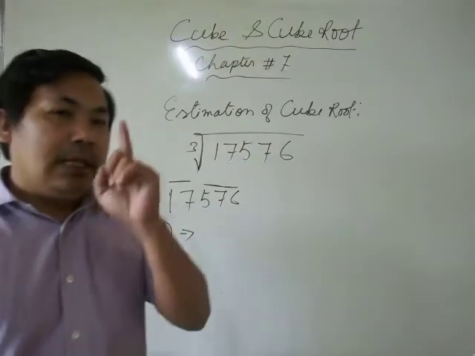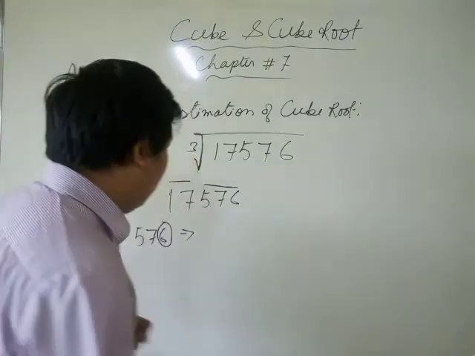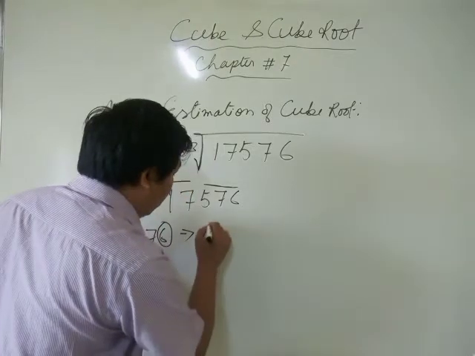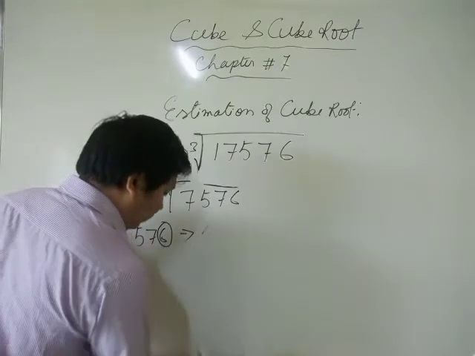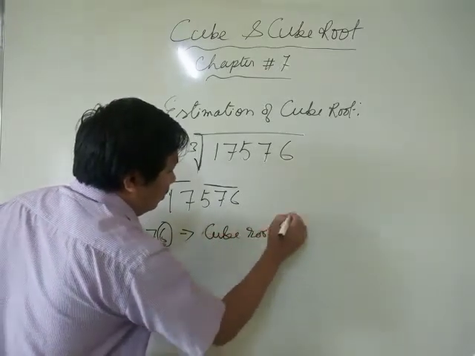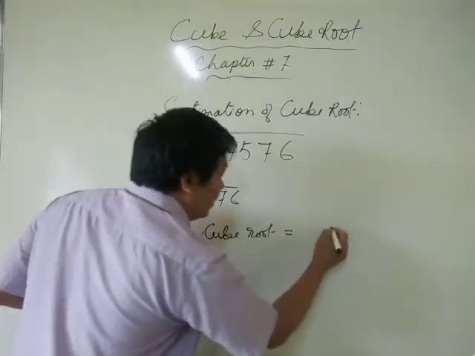So the last digit of the cube root will also be 6. We take this 6 as the last digit of the cube root.